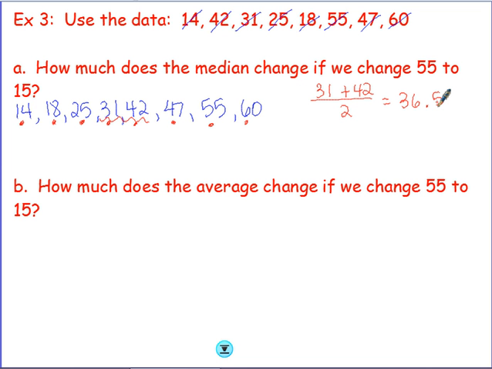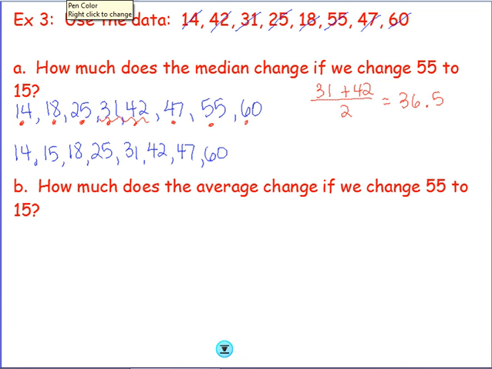So we need to now change the data. If you look at my data value, I'm going to take 55 out, and I'm going to insert a 15 way down here. So my new data looks like 14, 15, that's the new one, 18, 25, 31, 42, 47, 55 is now gone, and 60.